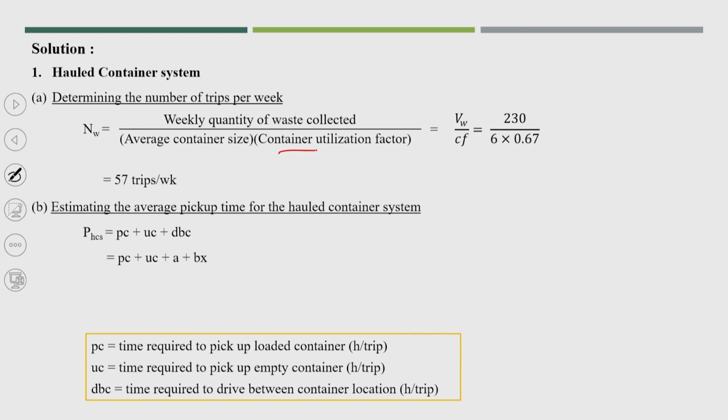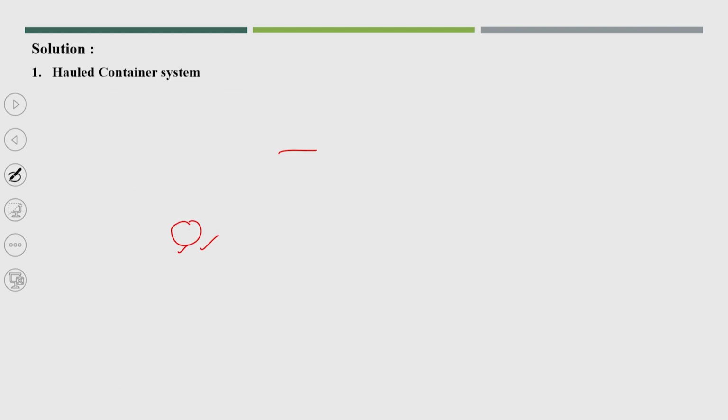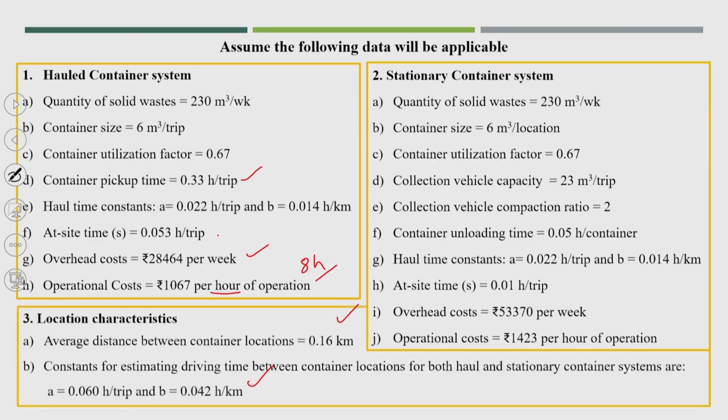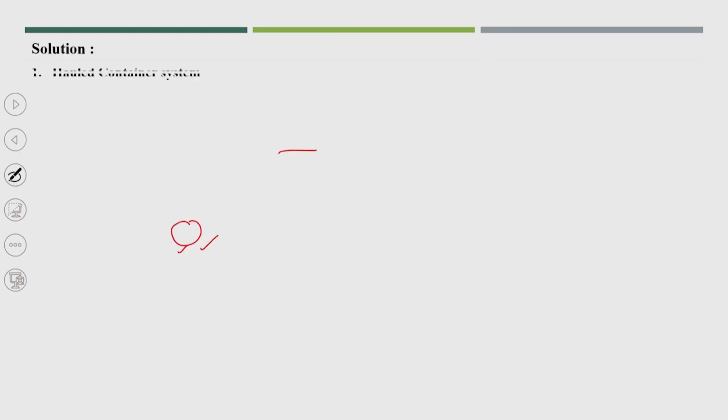So, this PC plus UC. Now, here for DBC, A and B are constants given in the problem. To calculate the DBC value, we also have to use these constants.